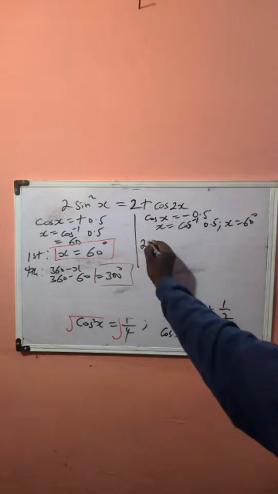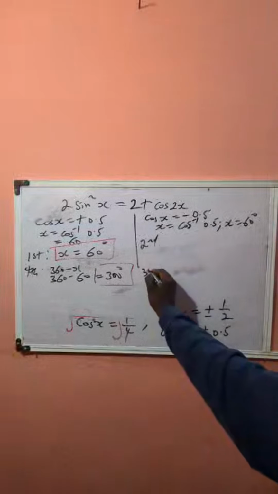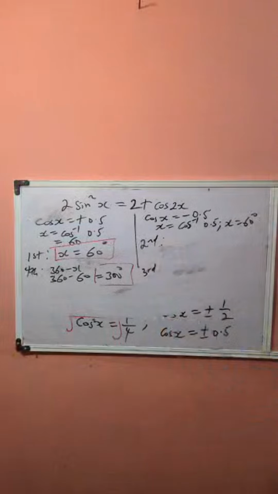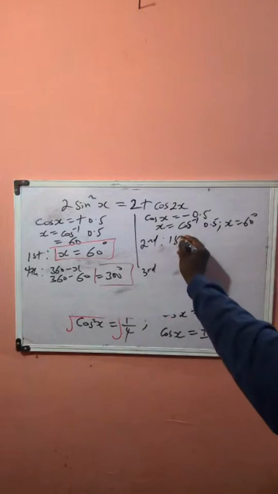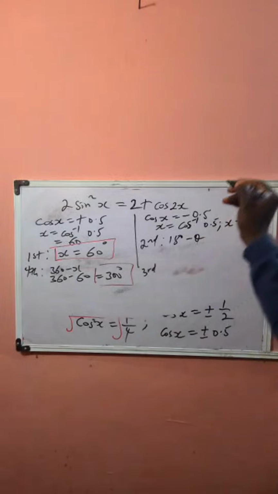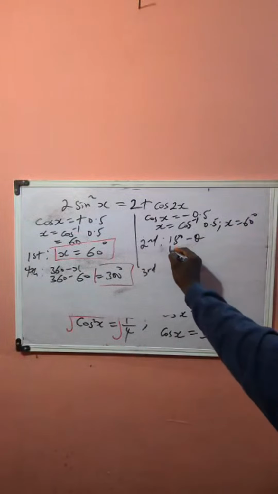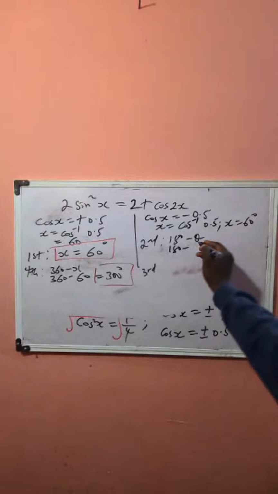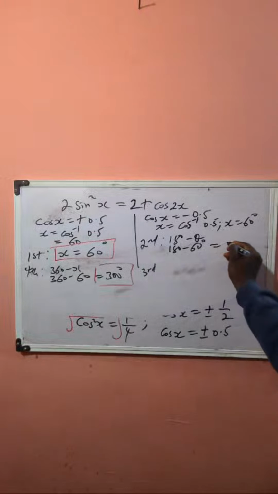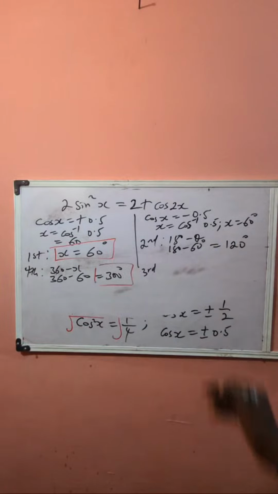Cos is negative in both the second and the third quadrant. The rule that operates in the second quadrant is 180 minus theta. So in this case, we'll have 180 minus 60 degrees. That will be 120 degrees.